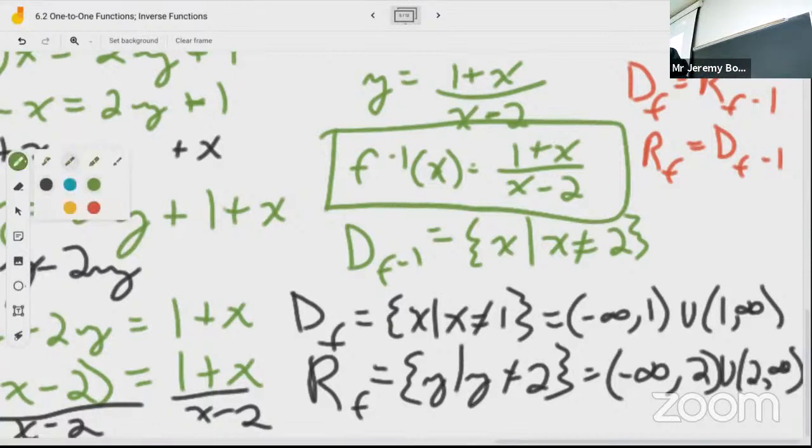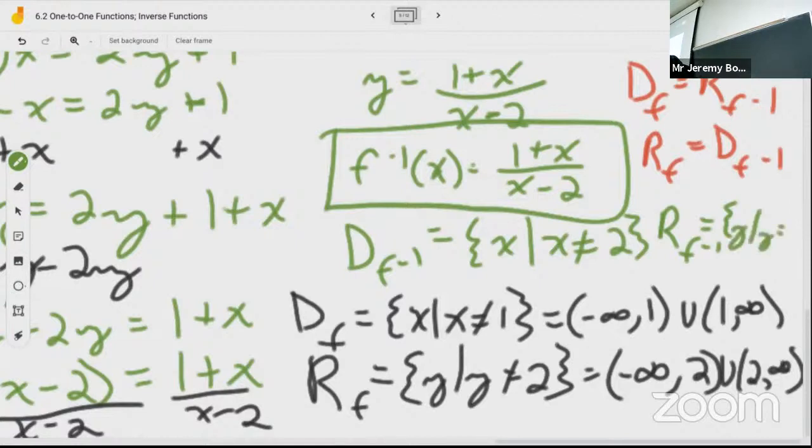What if I wanted to know the range of f inverse? What would that be? Y can't equal 1, so it'll be y such that y cannot equal 1. Remember, it's the same as the domain of the original function, the domain of f.